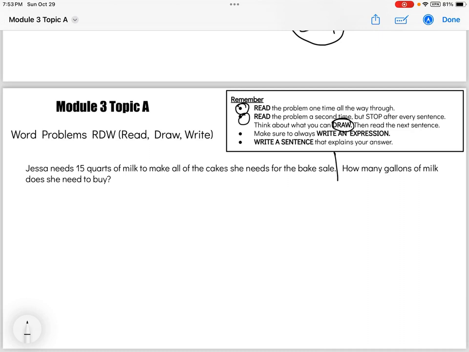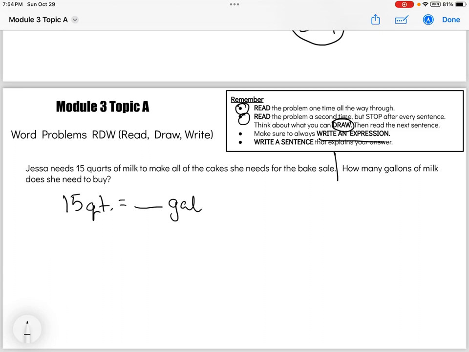So let's start. Jessa needs 15 quarts of milk. Okay, so 15 quarts to make all of the cake she needs for the bake sale. How many gallons of milk does she need to buy? So I know in this case, I'm going to be converting this into gallons. Okay, so writing my expression, I'm going to go ahead and change my quarts into gallons by using my steps.